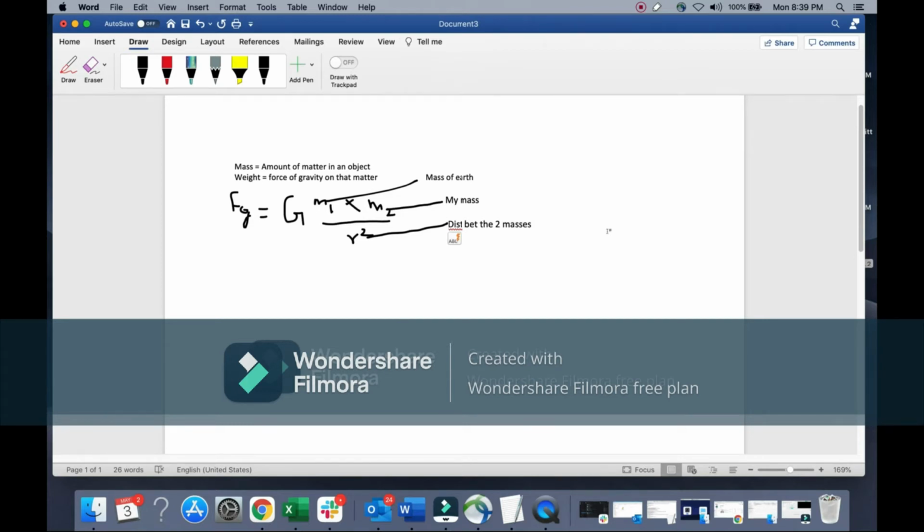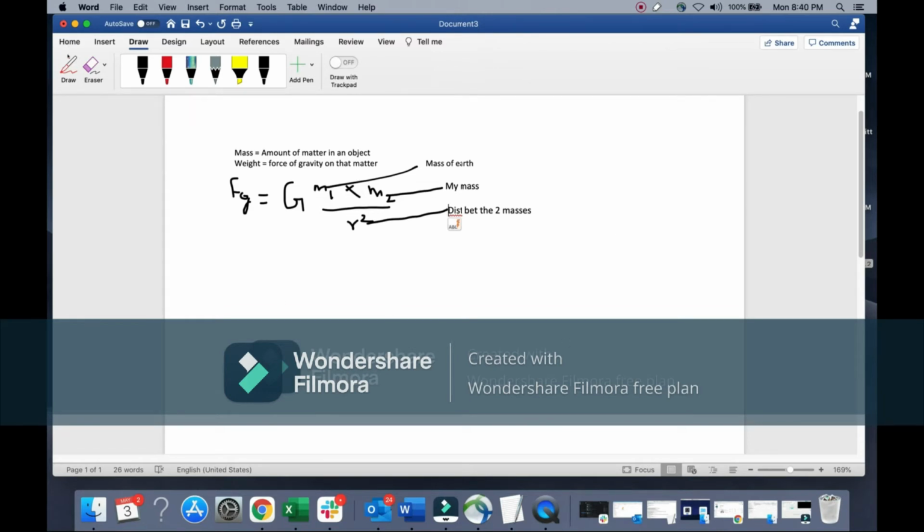So if you are on Earth and you calculate all these, this simplifies to 9.8 meter per second square.